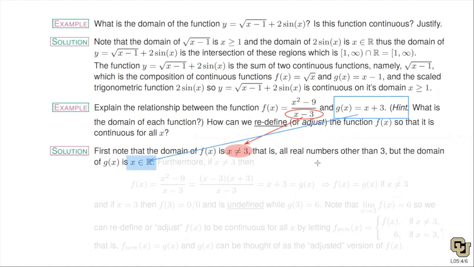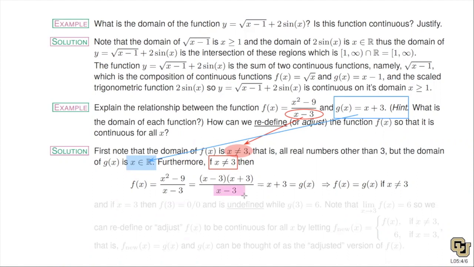So that right there is one difference. The domain is different. Let's see what is happening at 3. Can we plug in 3? If x is not equal to 3, then all of the math we did before works. If x is not equal to 3, then the denominator is not 0, so all of this math makes sense.